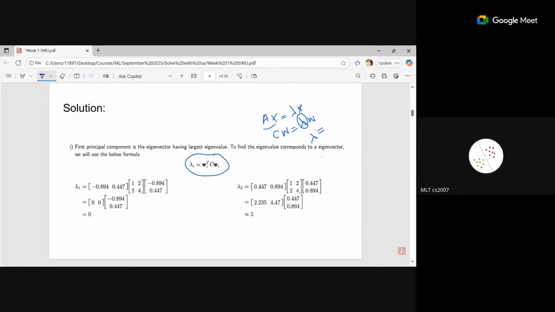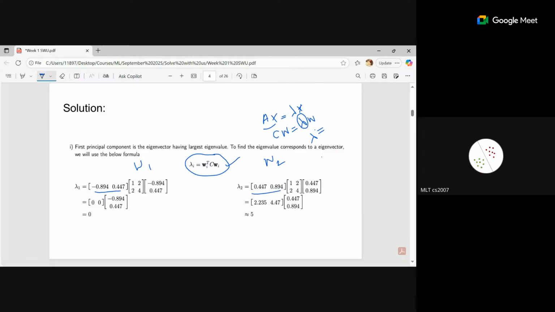We'll have to stick to the maths to find this lambda. We can write it as Wi transpose C Wi. There are two eigenvectors already given to us, W1 and W2. W1 is given as minus 0.894, 0.447, and W2 is given as 0.447, 0.894.